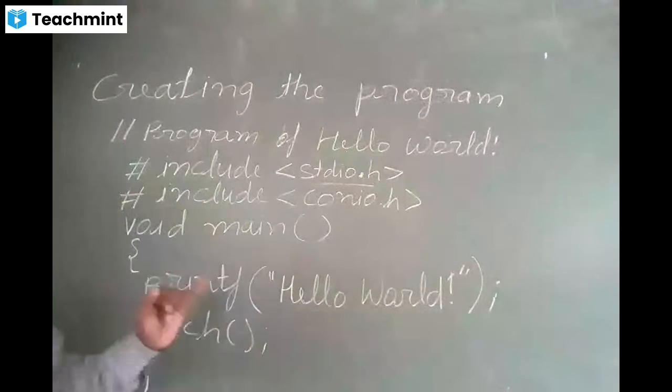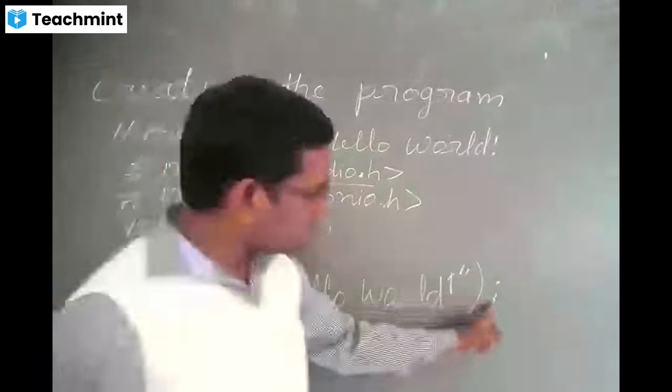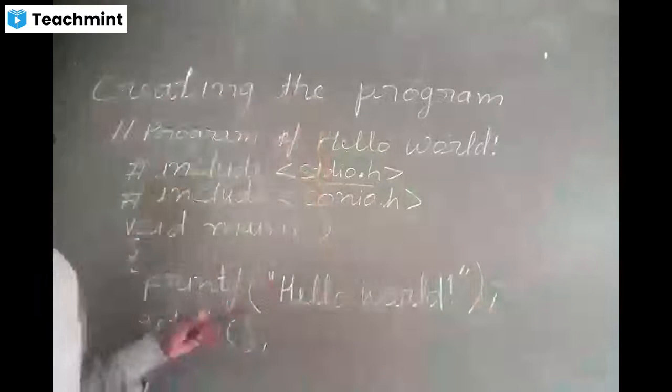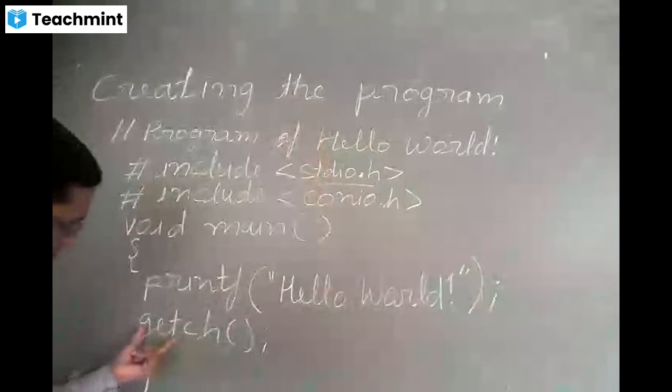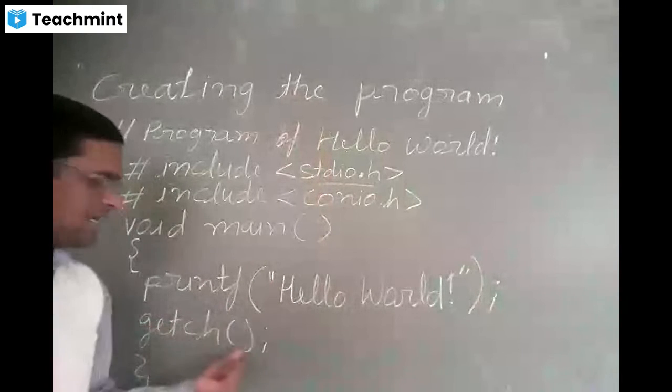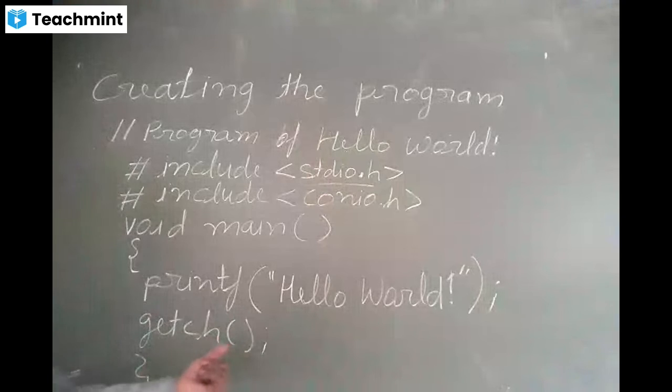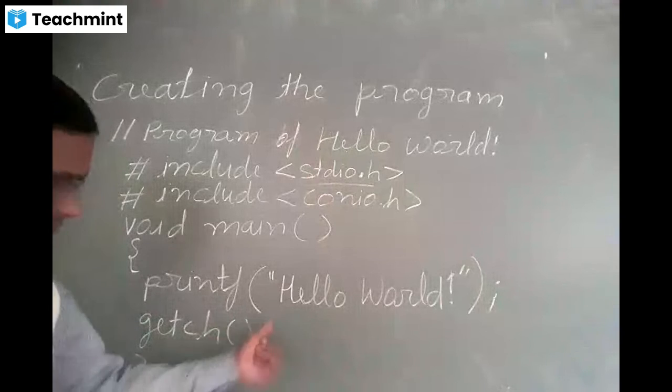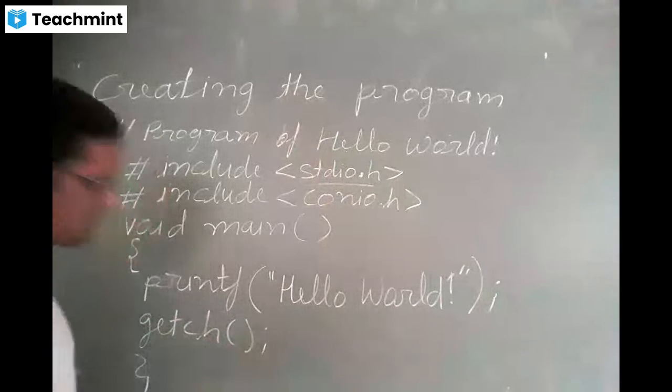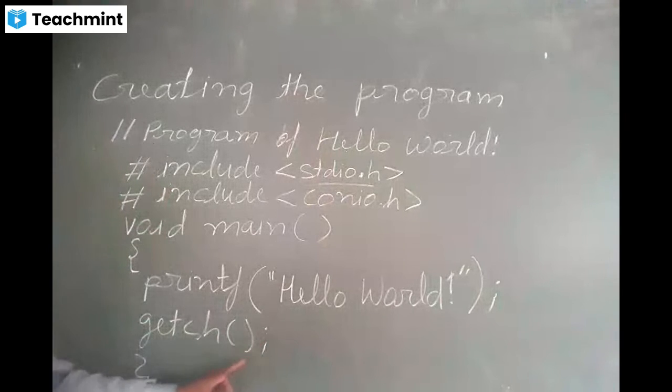This semicolon represents the end of the line. Second, we put getch, again with open and close small braces, and then the semicolon, which represents the end of the line. Then we close the curly brace. This means the end of the main function, the end of the function body.